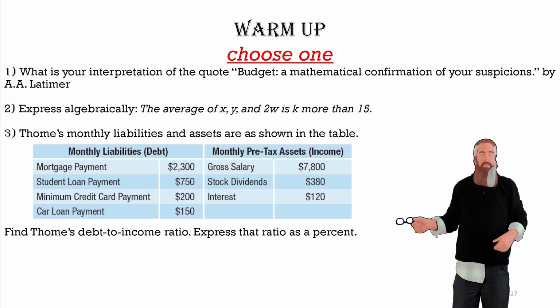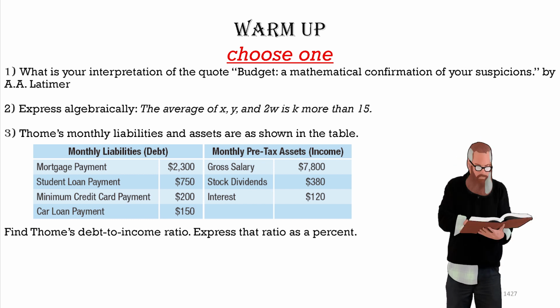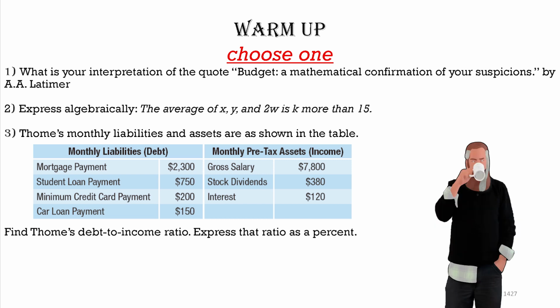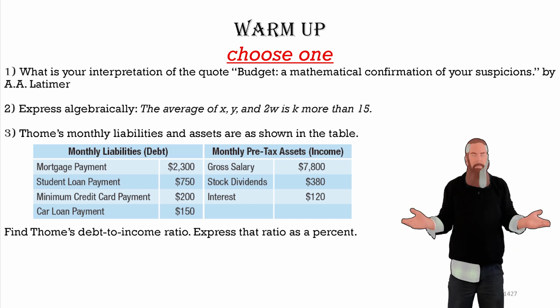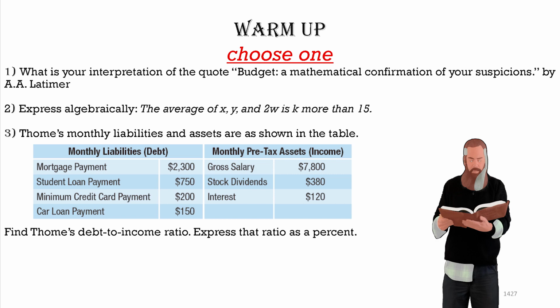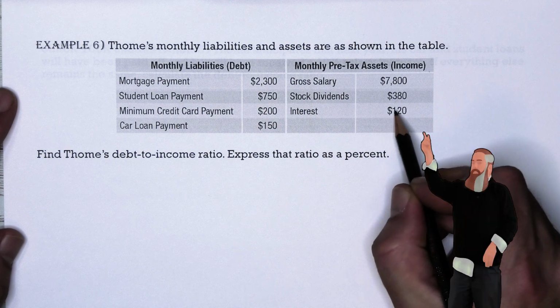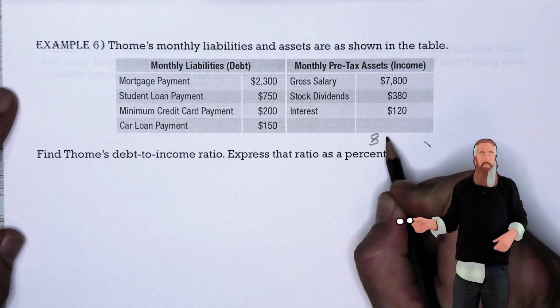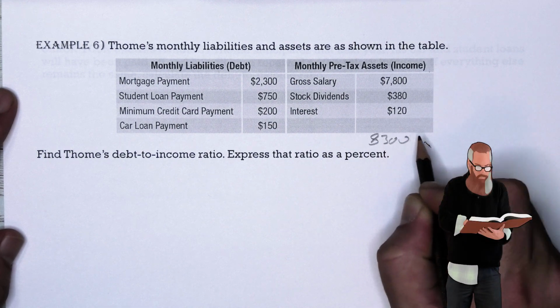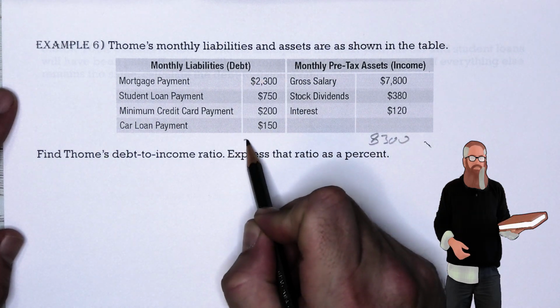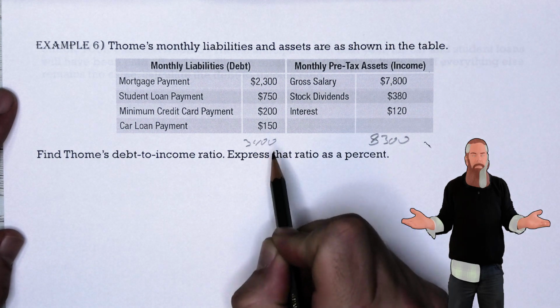Now let's take a look at a problem you will be able to do by the end of this lesson. Thome's monthly liabilities and assets are shown in this table. Find Thome's debt to income ratio. Express that ratio as a percentage. Now, their total of their assets, when we just simply add all this up, we get $8,300. When we add up all of their liabilities, we get $3,400.